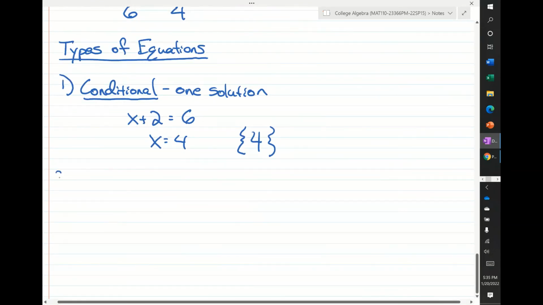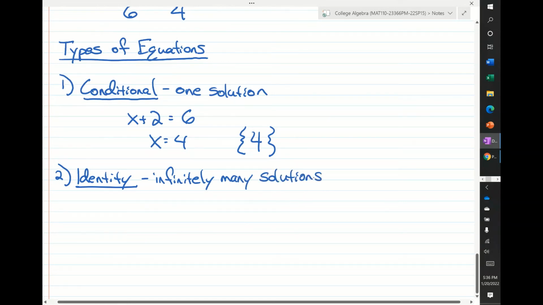Another type of equation is what's called an identity. An identity has infinitely many solutions. This is a weird type of equation where you wind up getting the same thing on both sides.